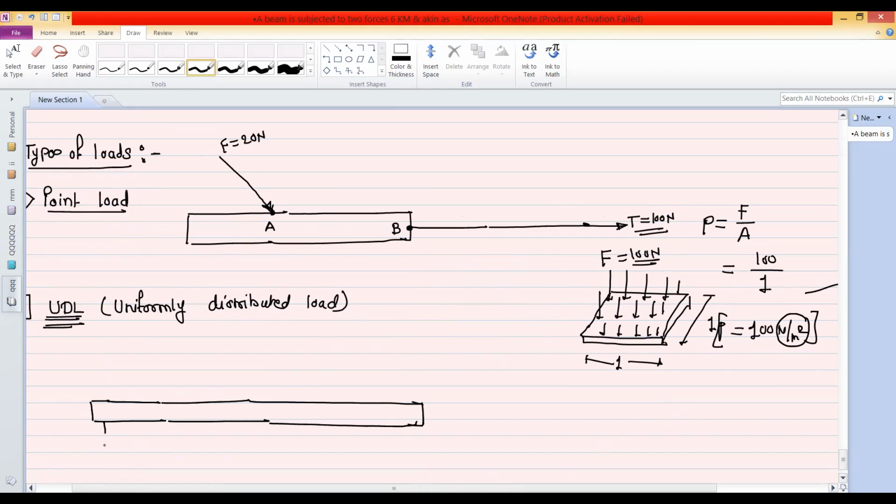And it is supported with the help of a pillar, or we can say it is a column. Okay. So this beam AB. So this is the column at point A. This is the column at point B. And there is a load of the ceiling, or we can say it is a cement concrete. Okay. So this cement concrete loading is shown with the help of UDL.